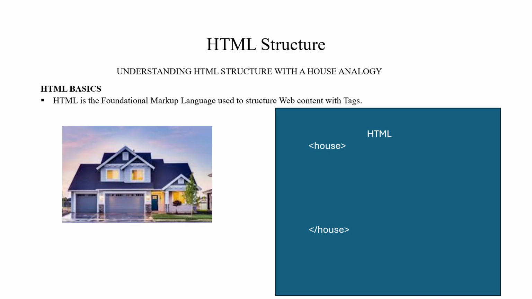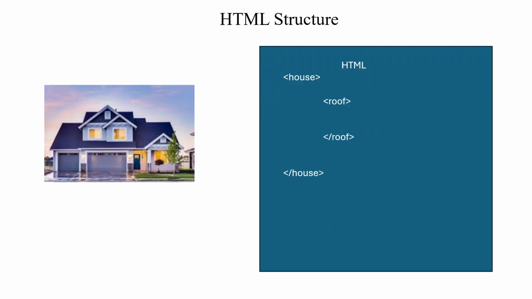Whatever you include between these two tags will represent your house parts. For example, if your house has a roof, you include the roof tag, written in the same way: you open the angular bracket, write roof, then close the angular bracket, and once you create your opening tag, the closing tag for the roof will appear.